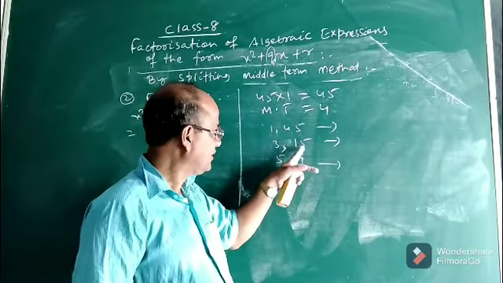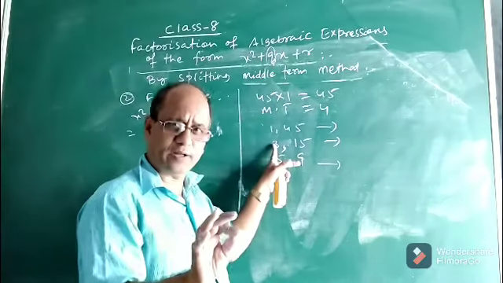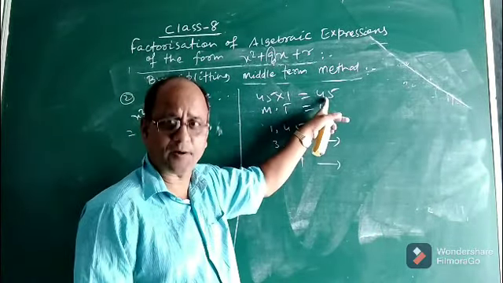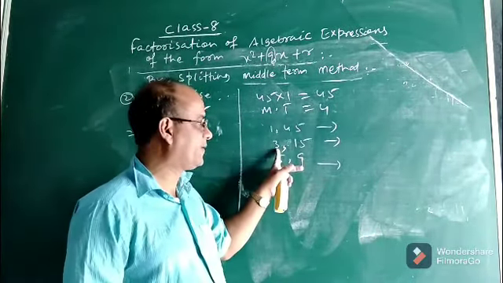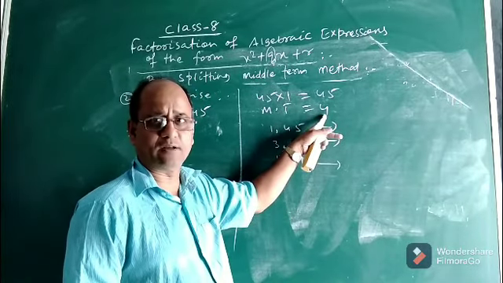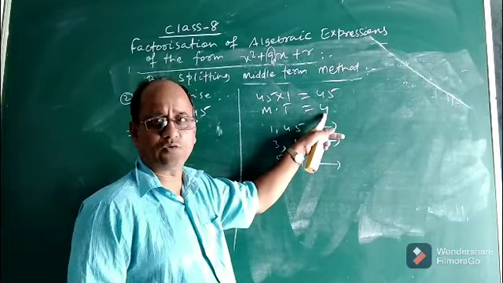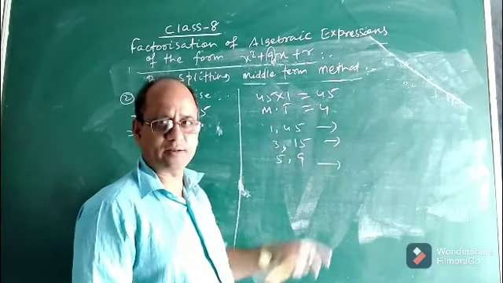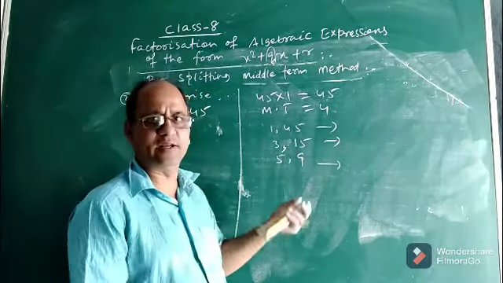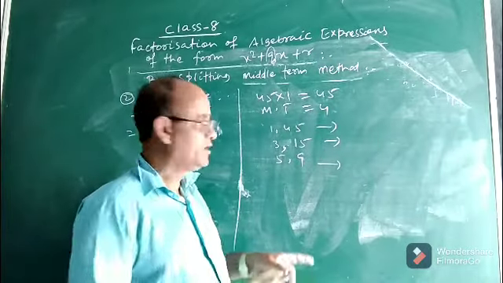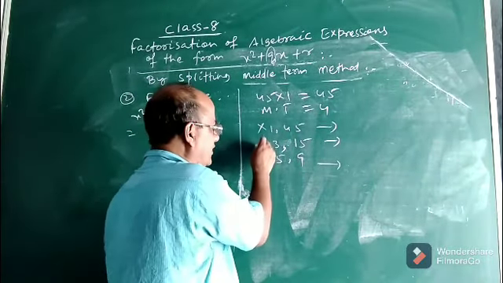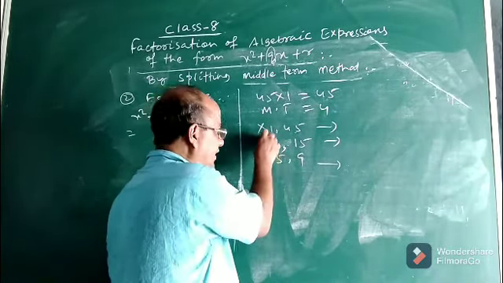Similarly, 15 into 3 is no doubt 45, but 15 plus 3 is 18 and 15 minus 3 is 12, not equal to the middle term. So we cannot choose this.